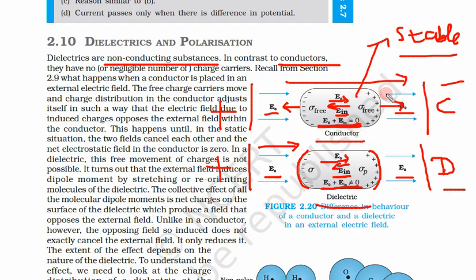Because as soon as we put it in an external field, it will try to create its own internal electric field which cancels out the electric field. Hence, the electric field inside a conductor is always zero. But this is not the case for a dielectric. There is a non-zero electric field. This external field is not exactly cancelled out by the internal field, and there is a distortion.